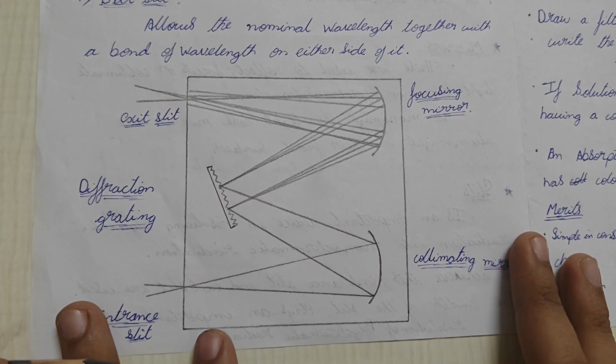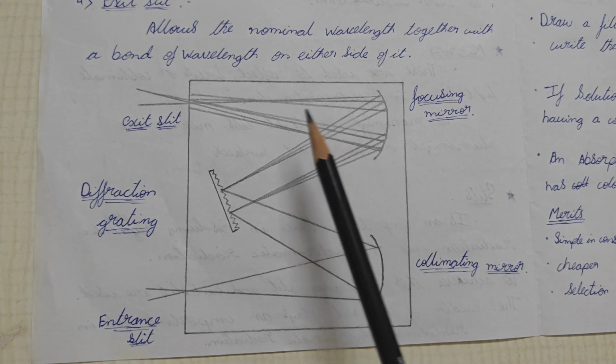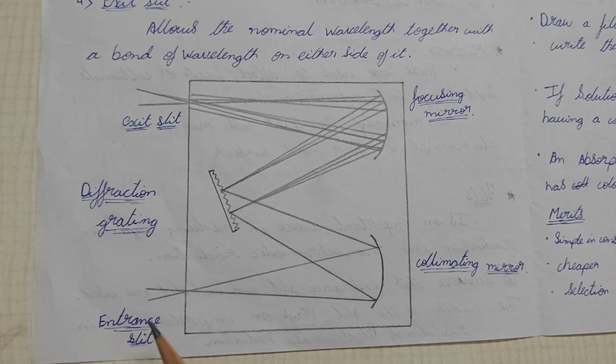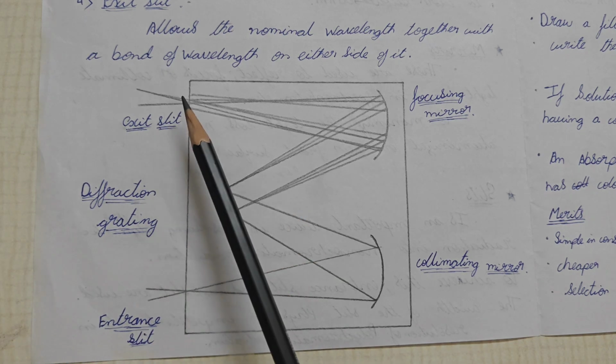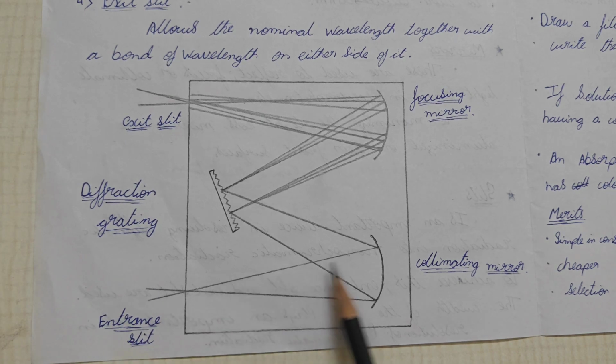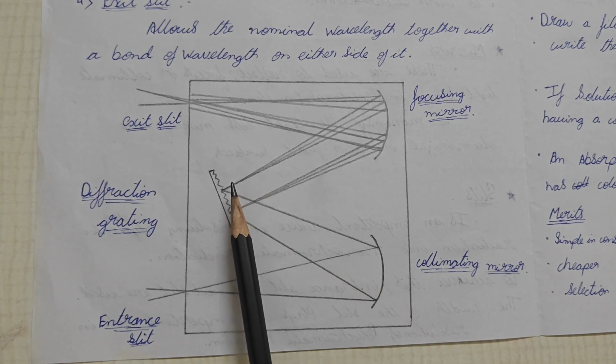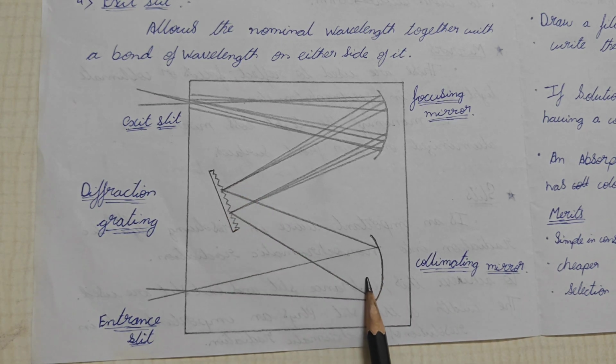Here is a rough diagram representing the whole process. First is the entrance slit and then the exit slit. As the polychromatic light passes through the entrance slit, mirrors are used to reflect the light rays onto the diffraction grating.